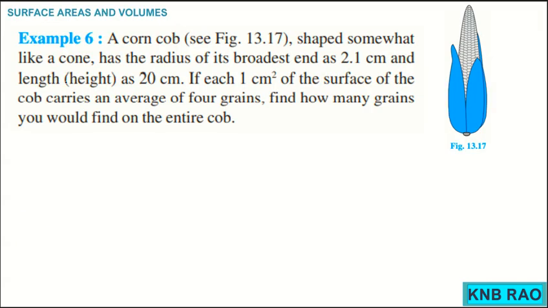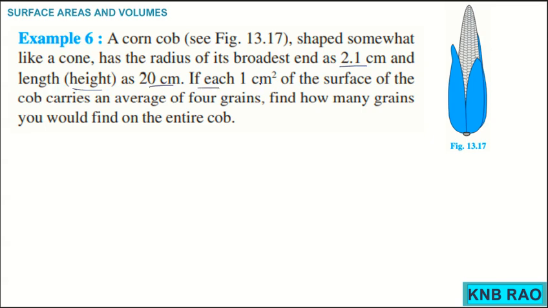Coming to the homework, yesterday I gave you example number 6 as homework. In this example, a corn cob shaped somewhat like a cone has the radius of its broadest end as 2.1 centimeter and its length, that is height, as 20 centimeter.